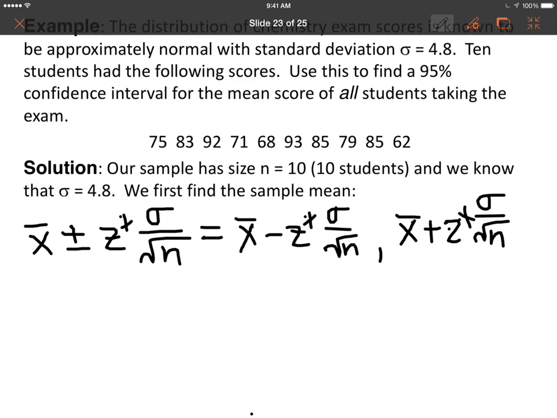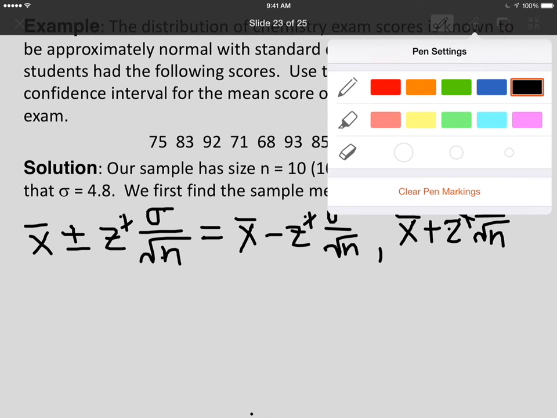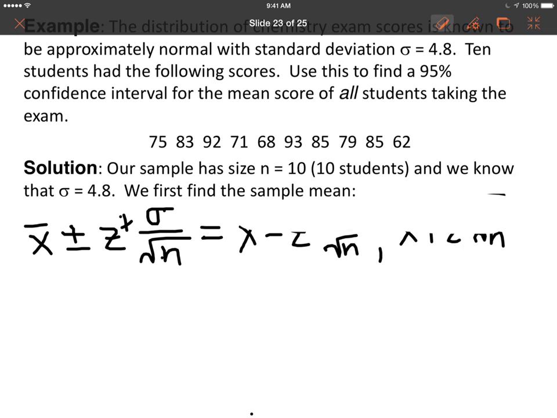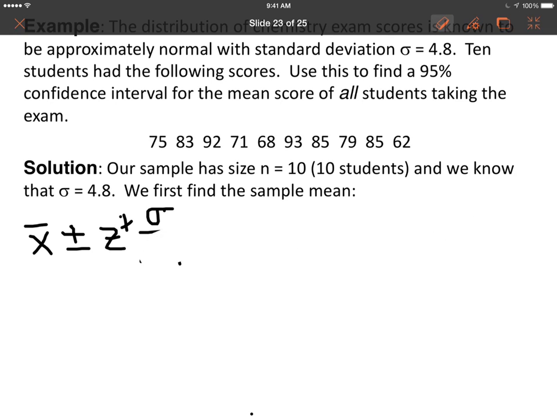So to do this, I need to know the sample mean. I need to know my critical value z star. I need to know my standard deviation sigma, and I need to know the sample size n. And all of those are given to you in the problem, or at least given the information to find them. So we're going to start by finding some of these things. Our sample size is 10, right?